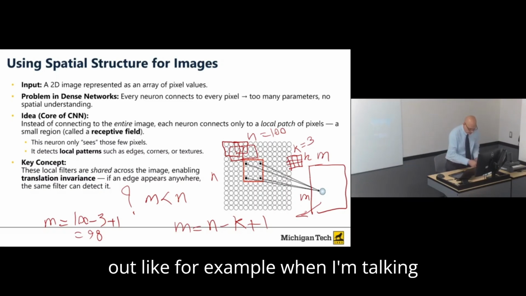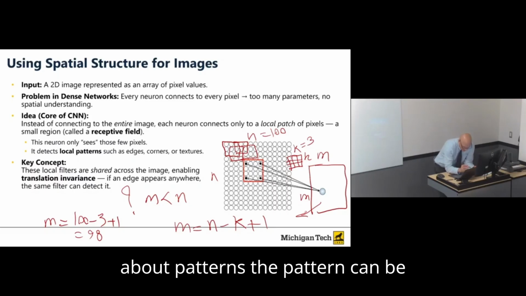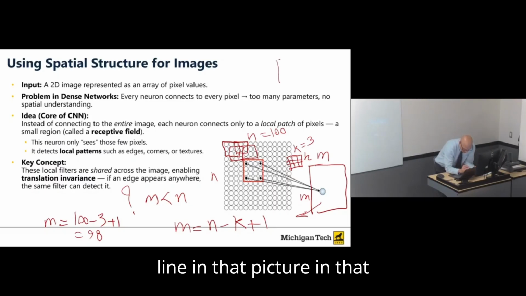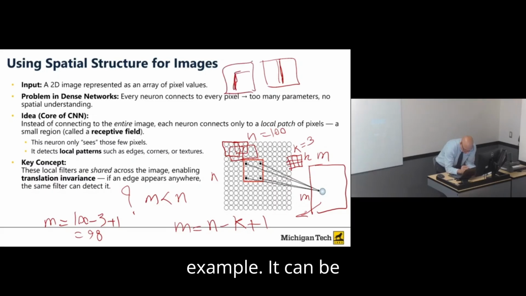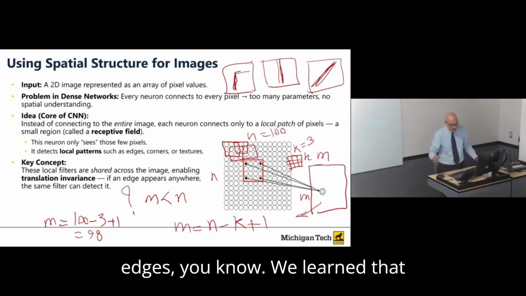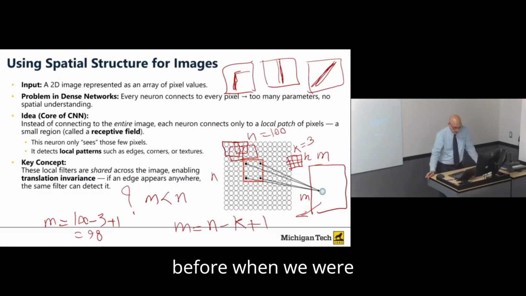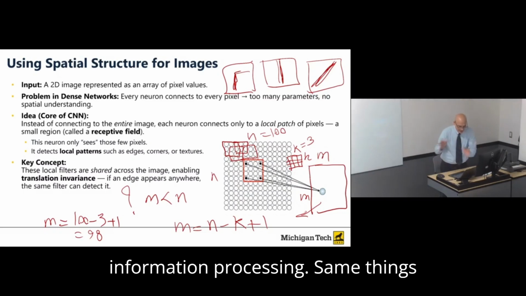The pattern can be a line in that receptive field, it can be corners, different lines, edges. We learned that before when we were talking about convolution in image processing. Same thing happening here.